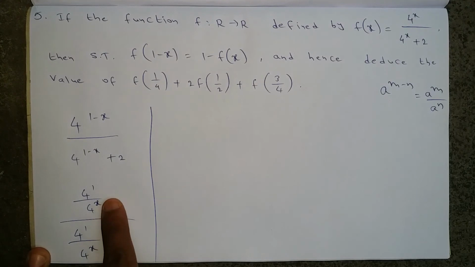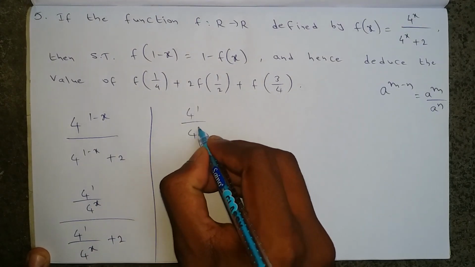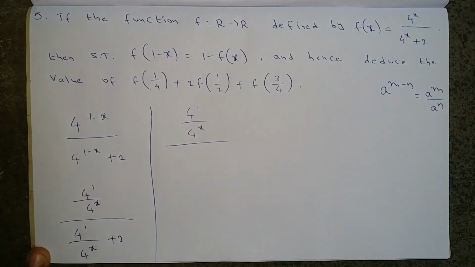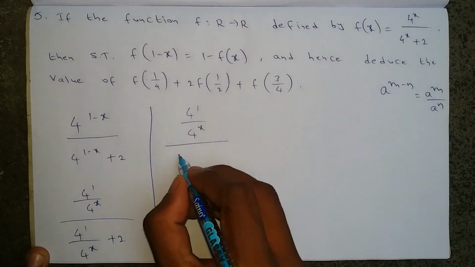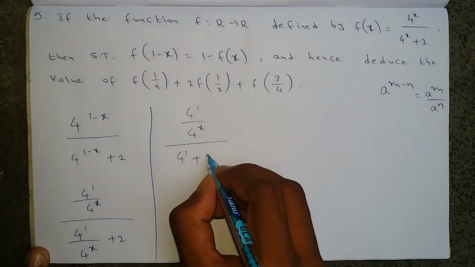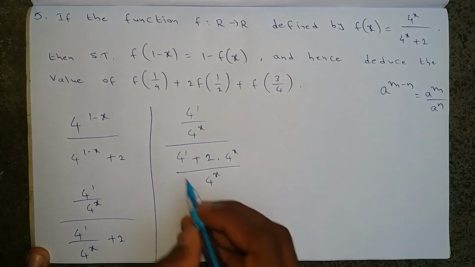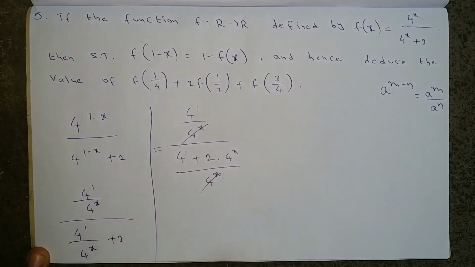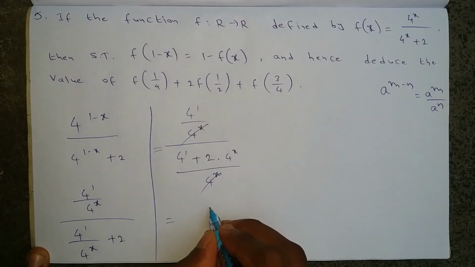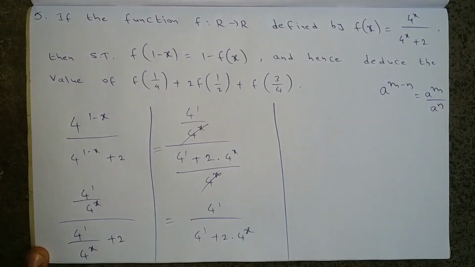Next, this total numerical part I am writing as it is, that is 4 power 1 divided by 4 power x whole divided by 4 power 1 plus 4 power x into 2, 2 into 4 power x whole divided by 4 power x. Here 4 power x both will get cancelled, so we remain with 4 power 1 divided by 4 power 1 plus 2 into 4 power x.